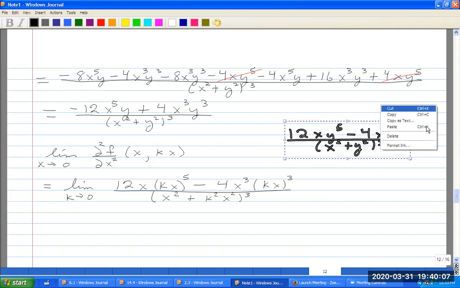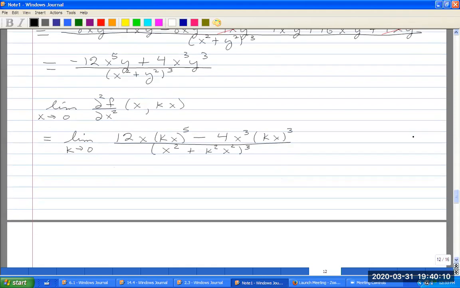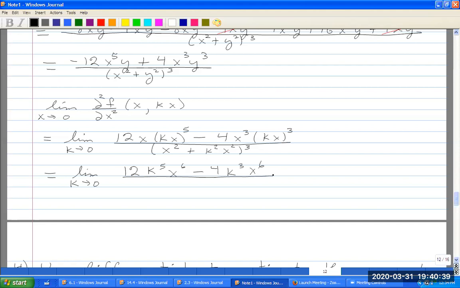Okay. So this is equal to the limit as k goes to 0 of 12k^5x^6 minus 4k^3x^6, over, factor out x^2, so that's x^6, (1 + k^2) cubed.